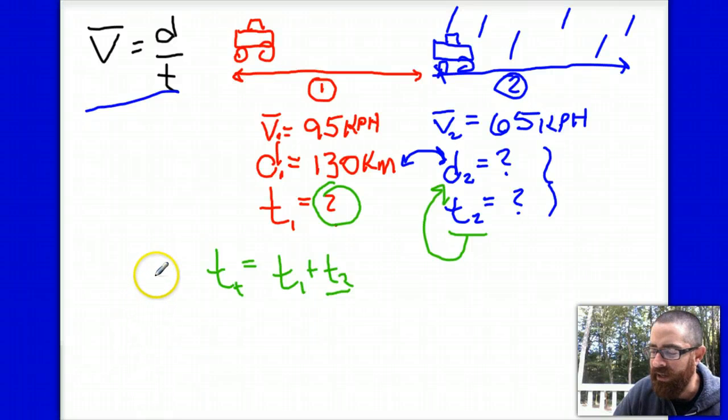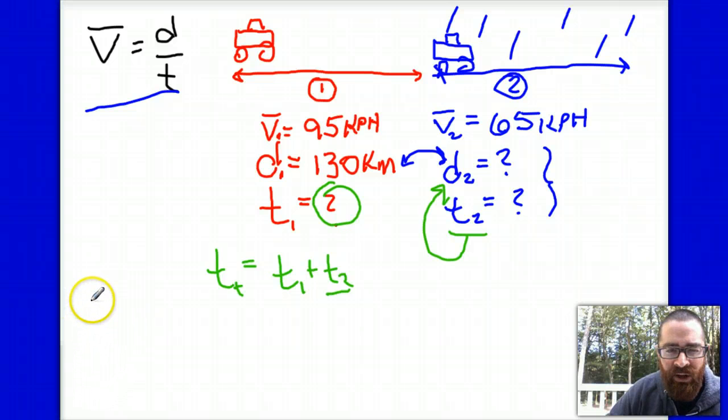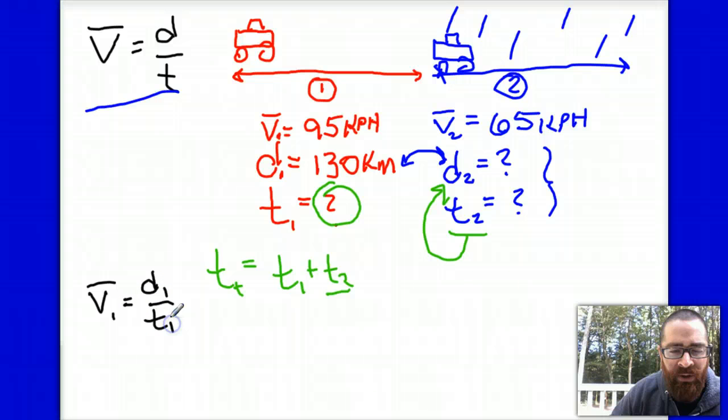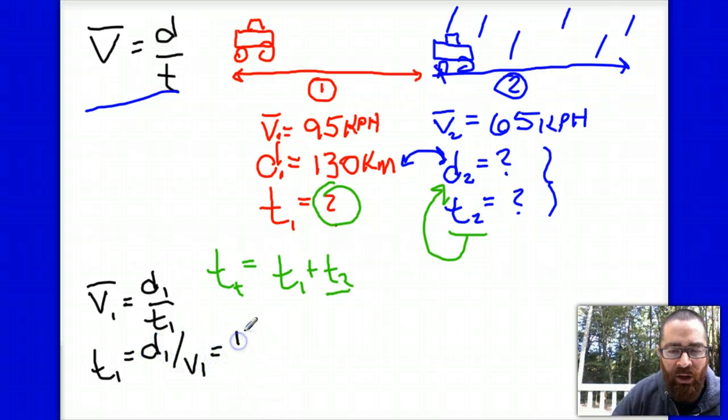Let's recognize that the first step would be to find t1. I'll start with an initial equation. I can say that my average velocity during the first time interval is going to be d1 over t1. Rearranging this to solve for t1, I get t1 is equal to d1 over v1, and I get 130 kilometers over my average velocity.